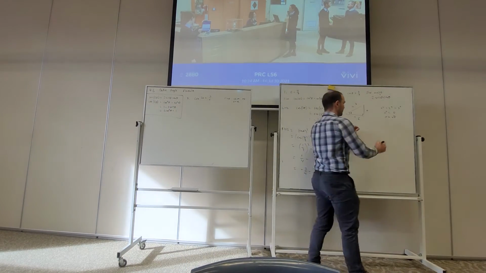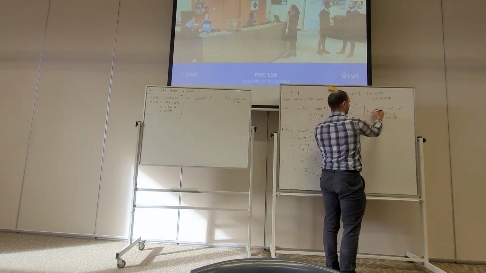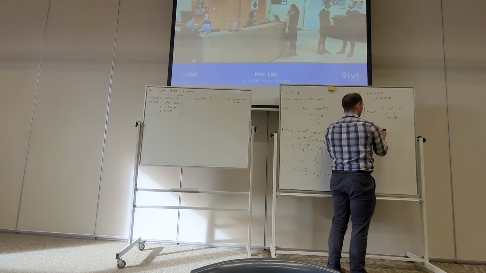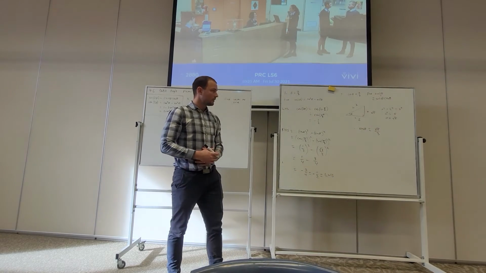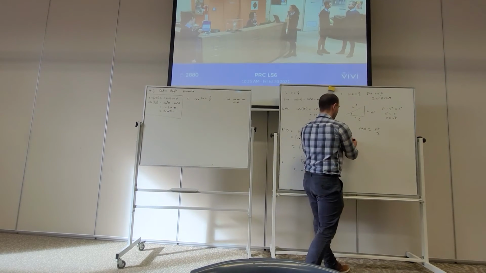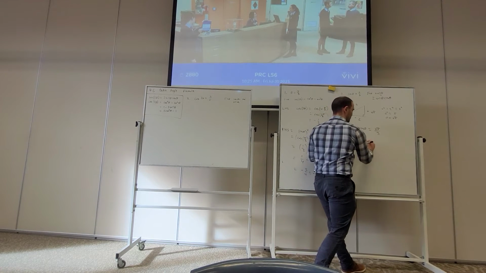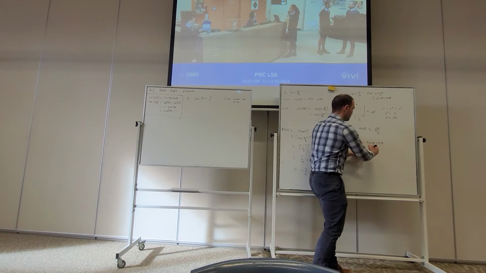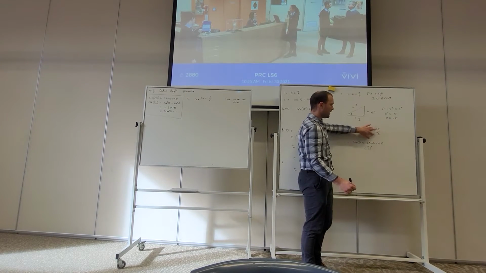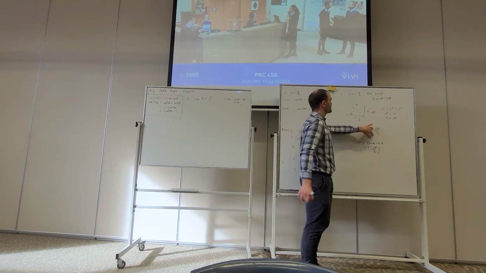So from here, therefore, sine theta is O on H, so it's root 5 on 3. Therefore, sine 2 theta is 2 sine theta cos theta, which is 2 times the sine value, and then times the cos value.